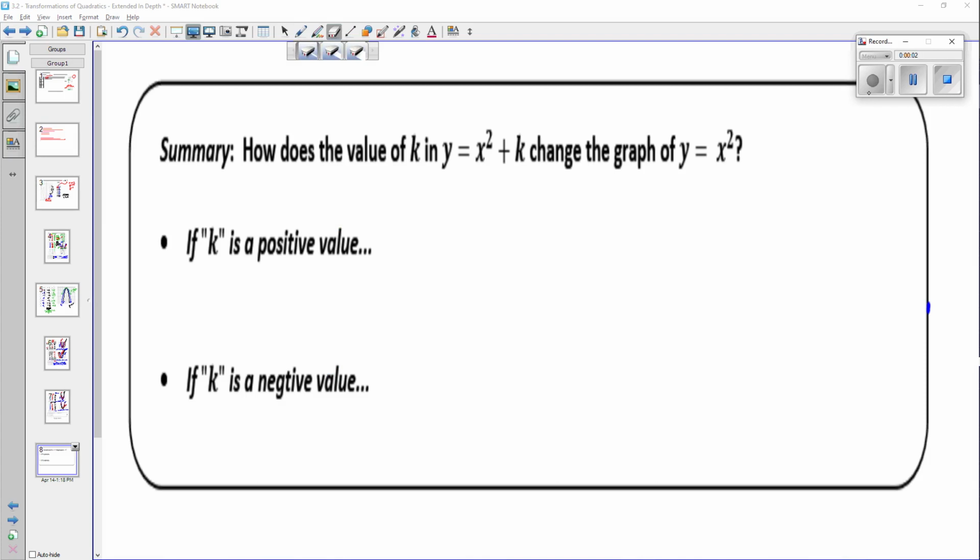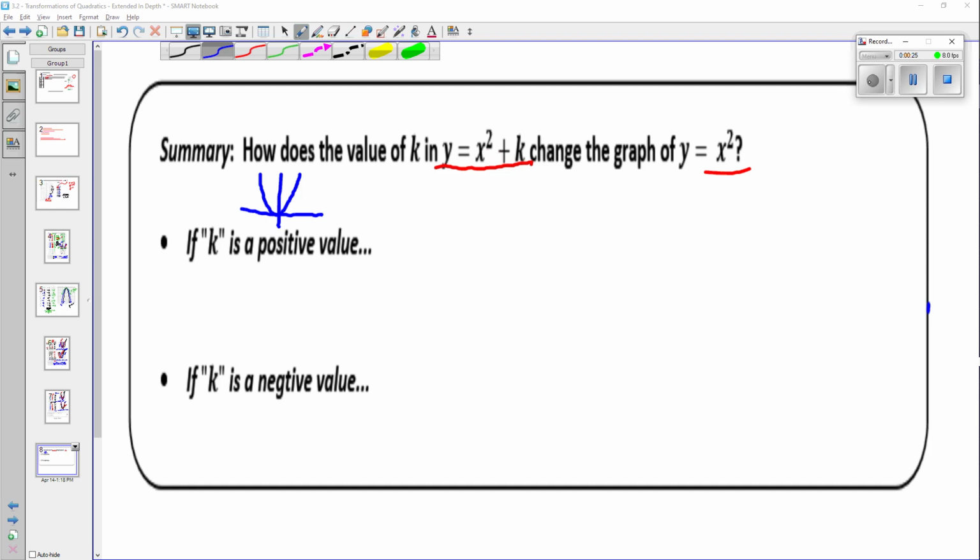Let's go over what we just studied. So we're taking a look at the equation y equals x squared plus k for the basic graph x squared. So technically what's happening is we have a graph that's either opening up or down, but for this case we're just going to assume it's opening up. Now, here is what happens.